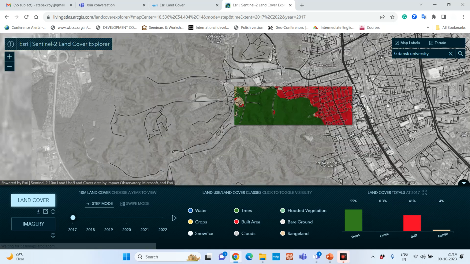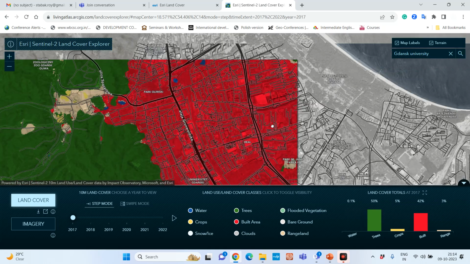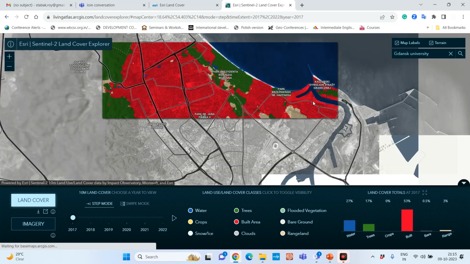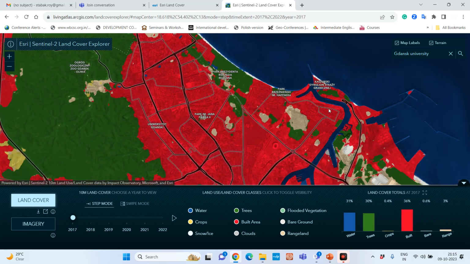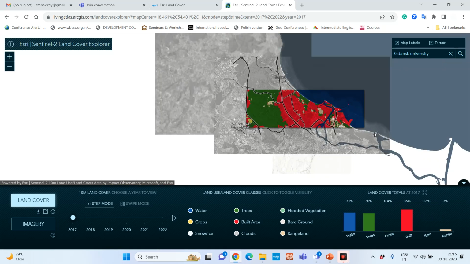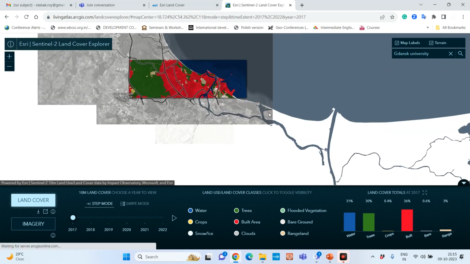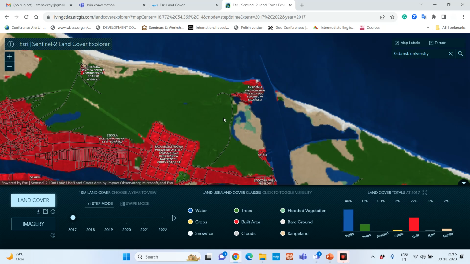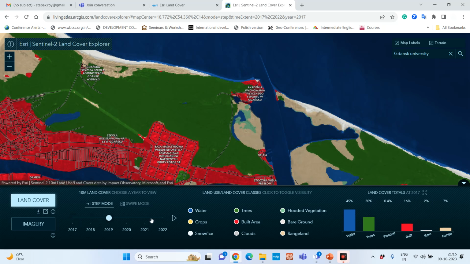Suppose you visit a coastal region or any other particular area. In this area, yes, this area is totally changed. Earlier it was totally forested land, but in 2022 you can see the change.